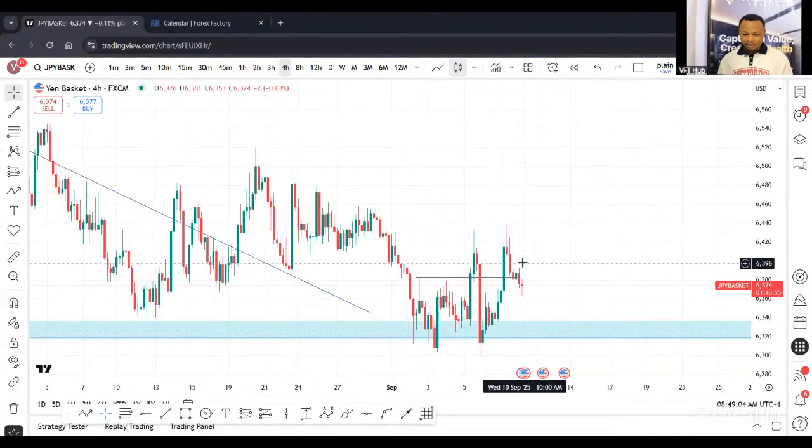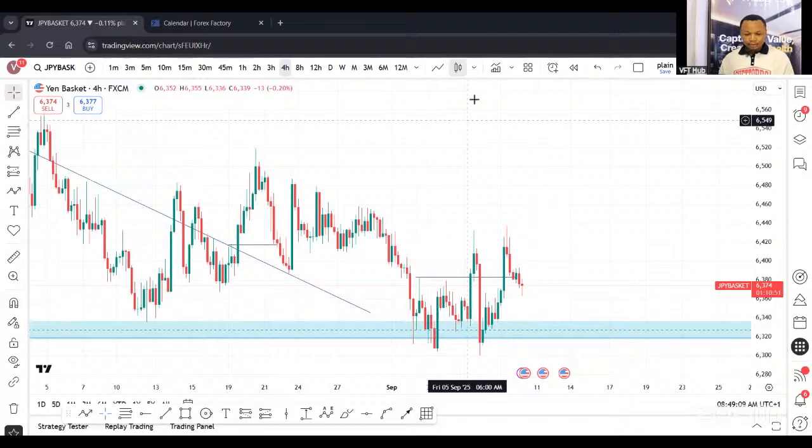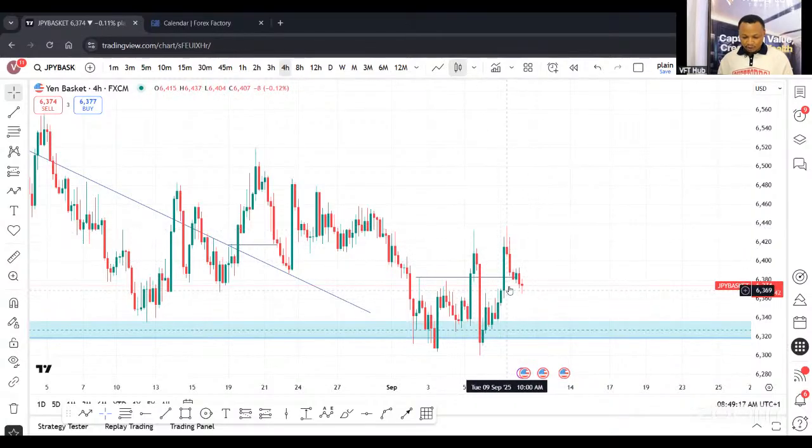At this point, I'll just be taking short trades in between to see how the yen basket would favor my plays or my analysis so far. So looking at what we have right now, we're expecting another round of buys on the yen basket. So for all yen pairs, I'm expecting a sell.